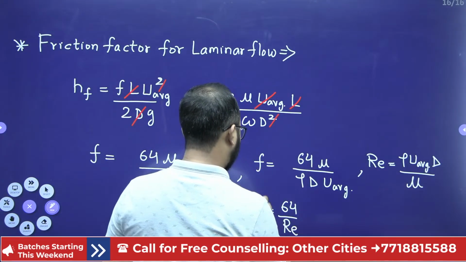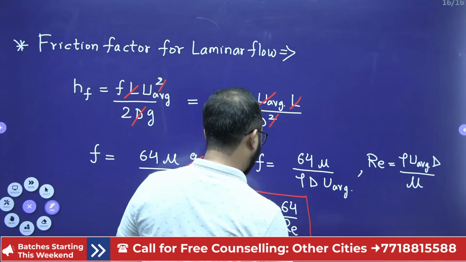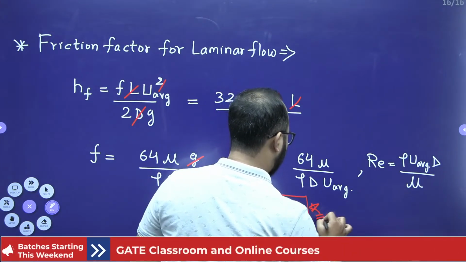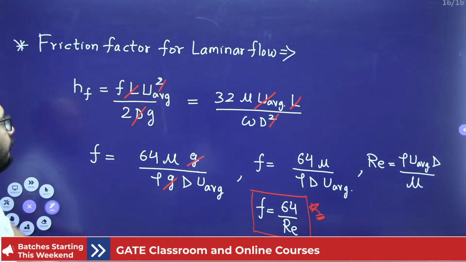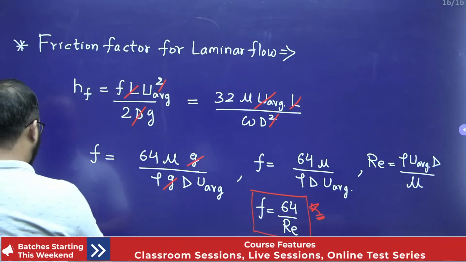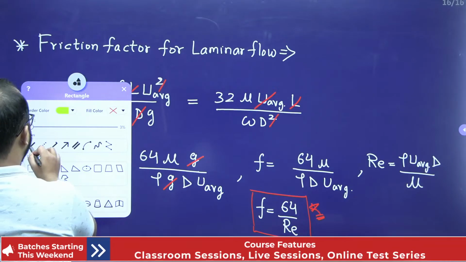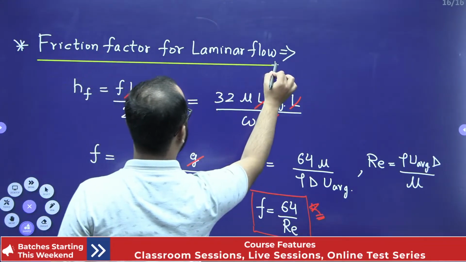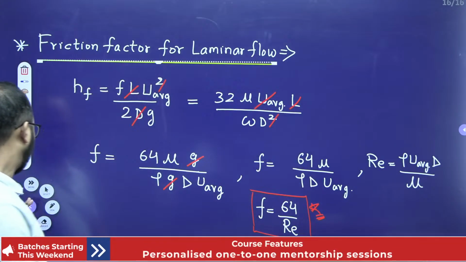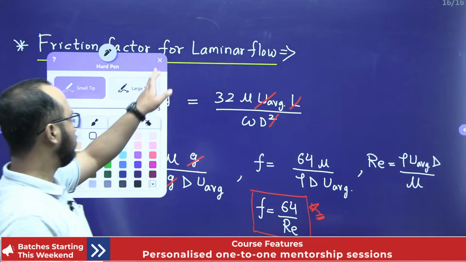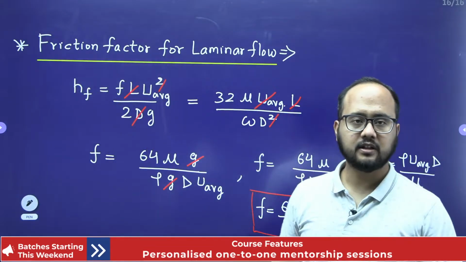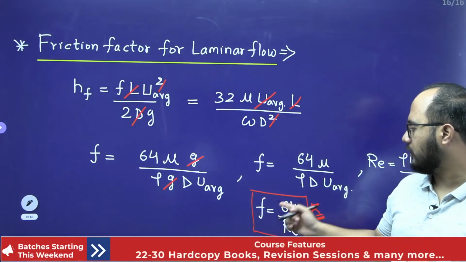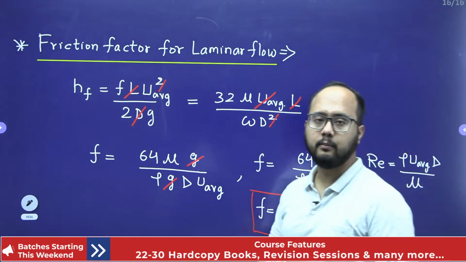This relation everyone should remember, very very important. And this friction factor is valid for what? Friction factor for the laminar flow. I hope the point is clear to everyone. So the friction factor for laminar flow that we have calculated is 64 divided by Reynolds number.